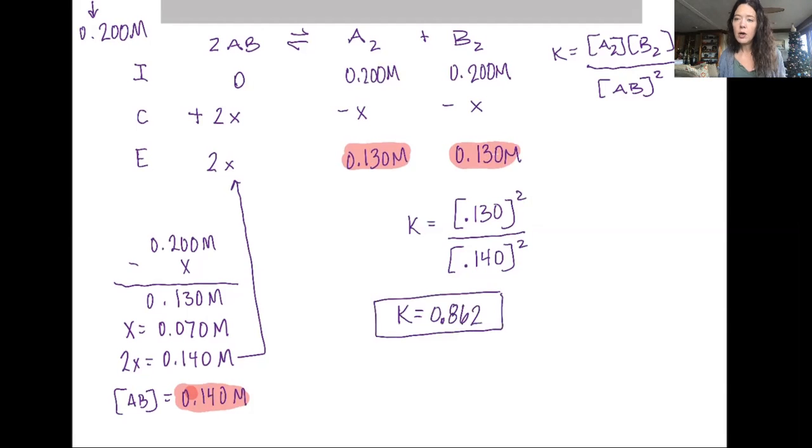Less than 1, more reactants and products at equilibrium. Close to 1, so similar concentrations.